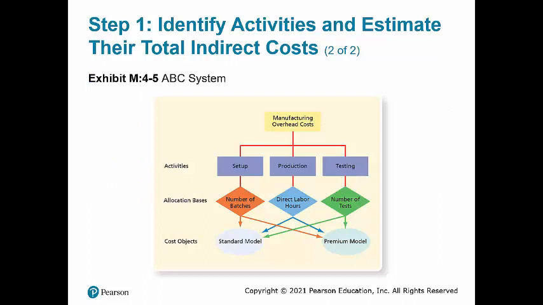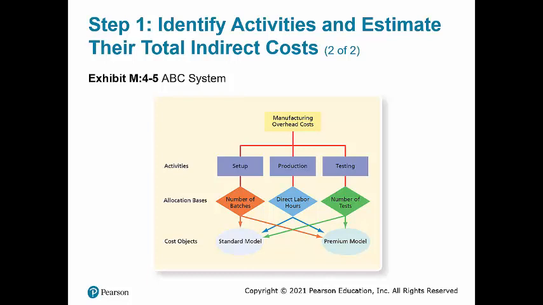Using Smart Touch Learning, we are going to go through the 4 steps in activity-based costing. The first step is for Smart Touch Learning to identify the activities and estimate their total indirect cost. On this slide, we can see that management has identified setup, production, and testing as the primary activities involved in the processing of the tablet computers.